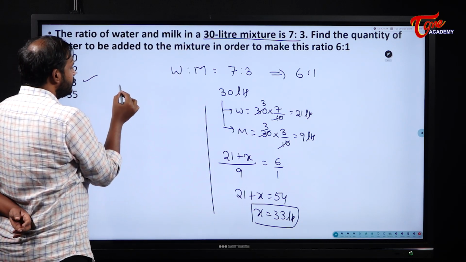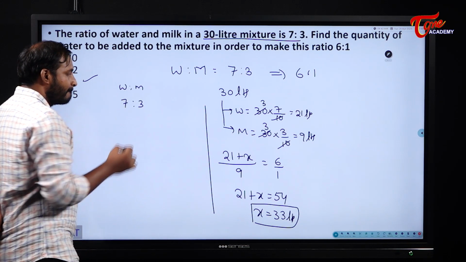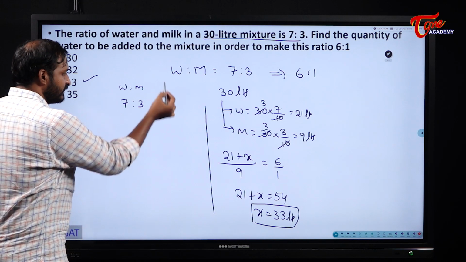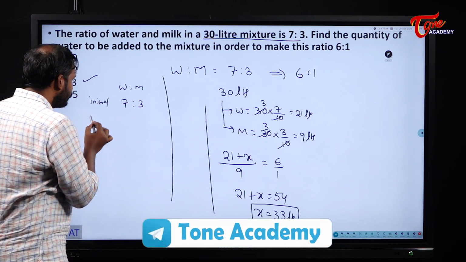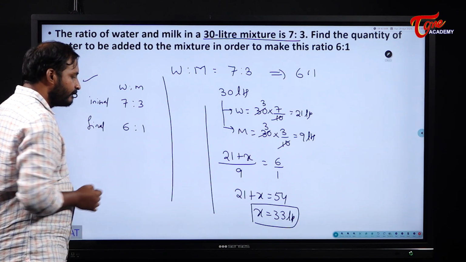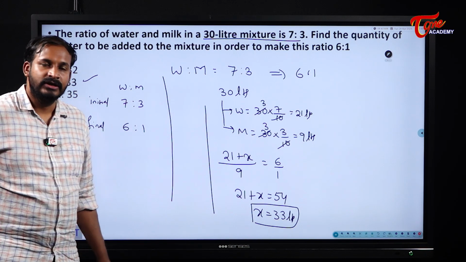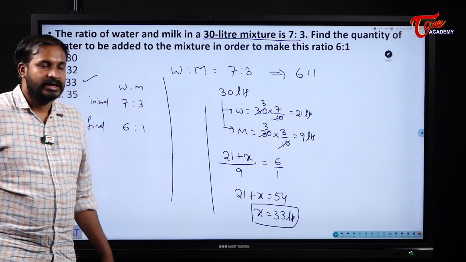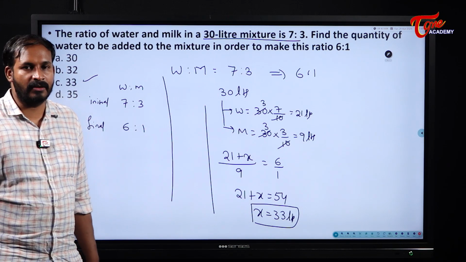Water is to milk are in what ratio initially? 7:3. Okay, so this is the shortcut method. This is initial. Finally it should become what? 6:1. See here students, from here to here what are you doing? You are adding water, right? Will there be any change in the milk portion? No, there will not be any change.